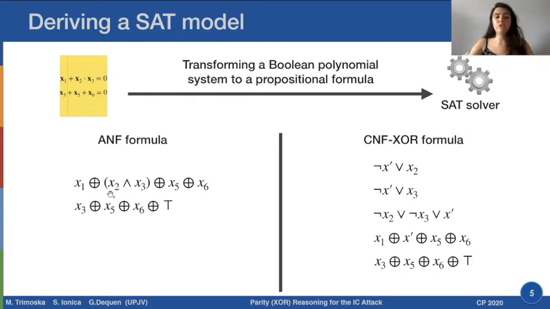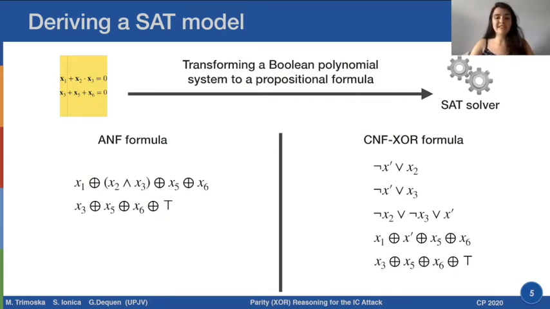All occurrences of conjunctions are replaced with a newly added variable, and then we also keep these constraints in our system that explain the equivalency. Now, this CNF XOR formula can further be transformed into a pure CNF formula, but this is a very classical process and we will not explain it here.